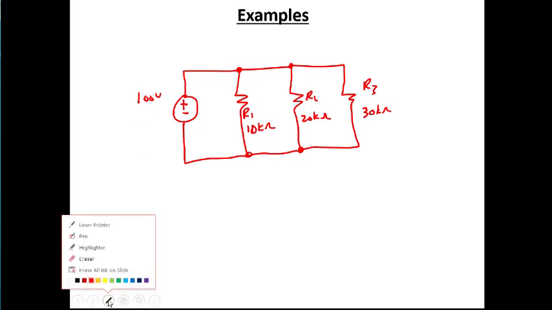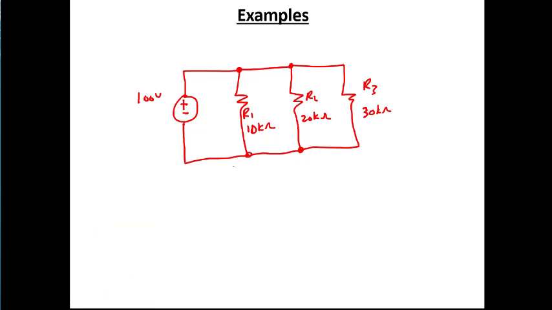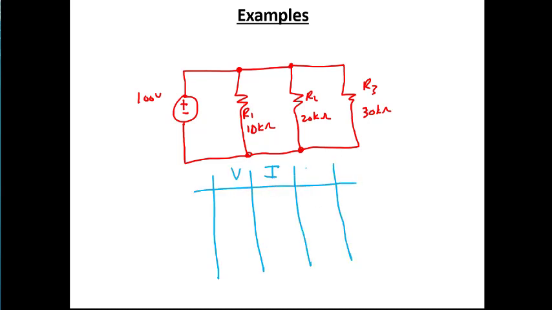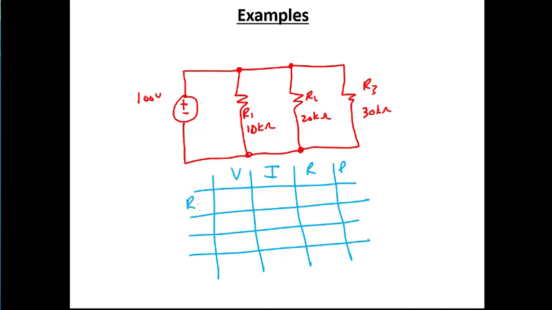Okay? So now what I'm going to do is put in the table voltage, current, resistance, and power. And I have R1, R2, R3, and total.